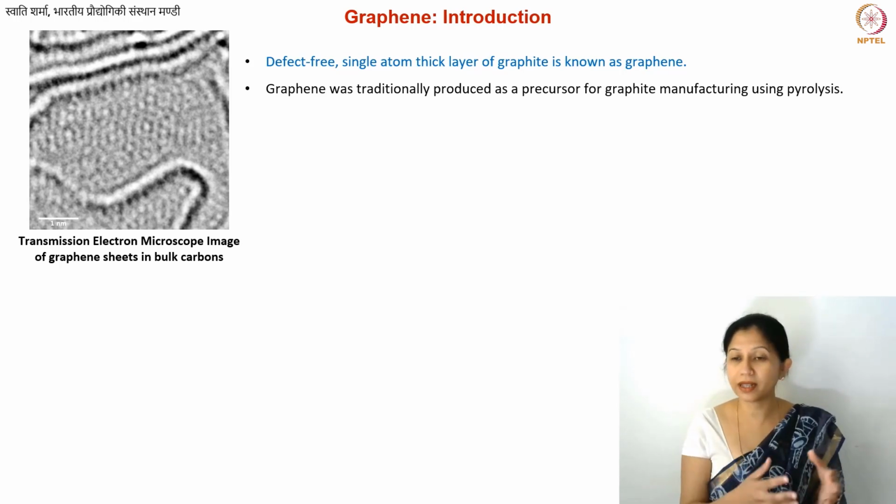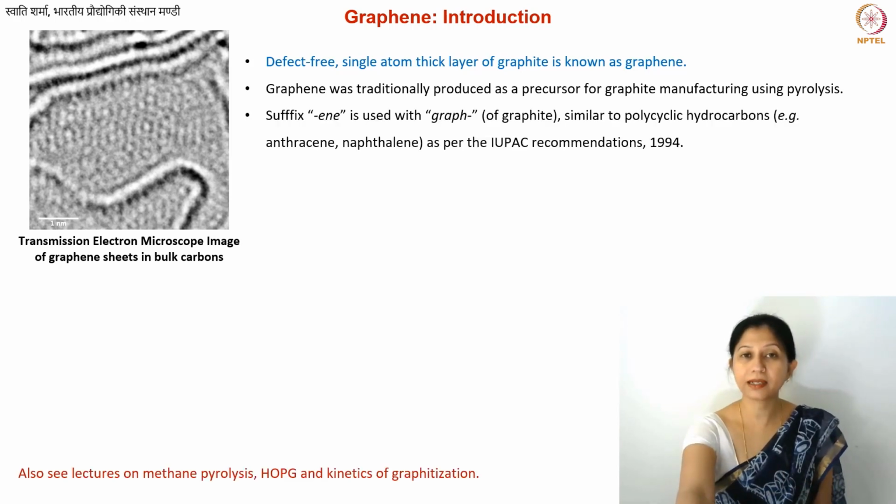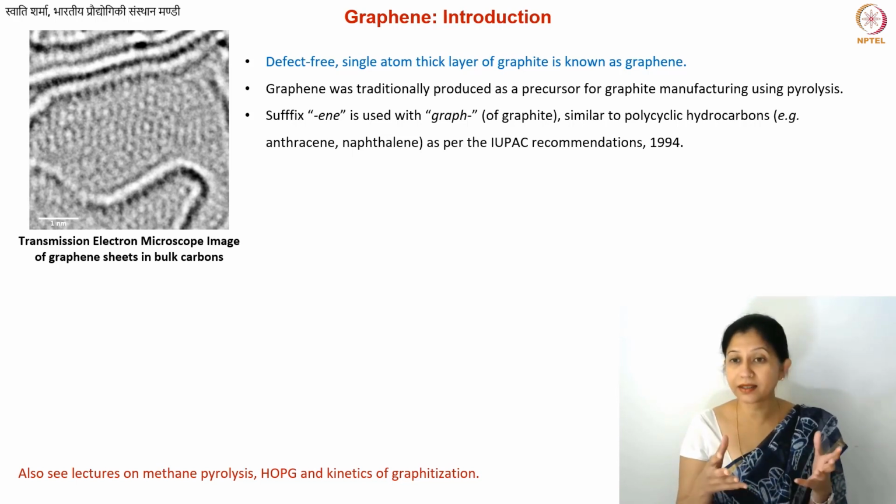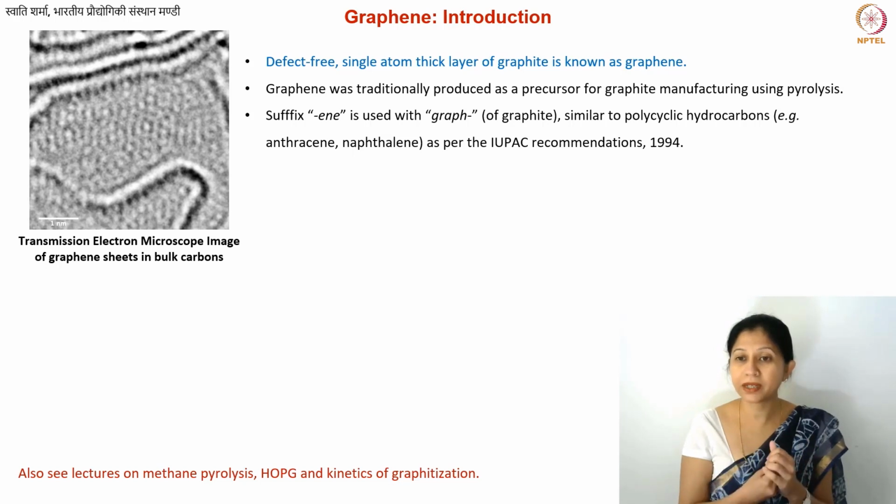We used it in the past for making graphite. Now you would say that maybe the term graphene is new. In the past it was called single layer graphite, but now it is called graphene. Well, even this terminology was suggested by IUPAC in 1994, so it is not very new. The suffix -ene is used with a lot of carbon materials, a lot of hydrocarbons, for example annulenes and naphthalene, you know the examples.